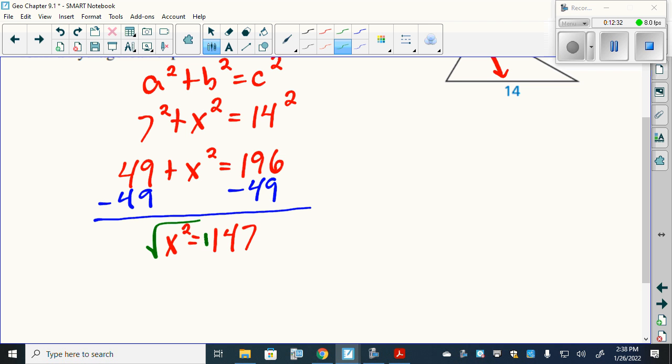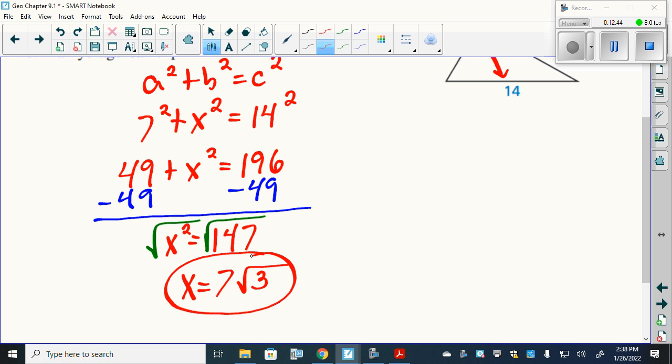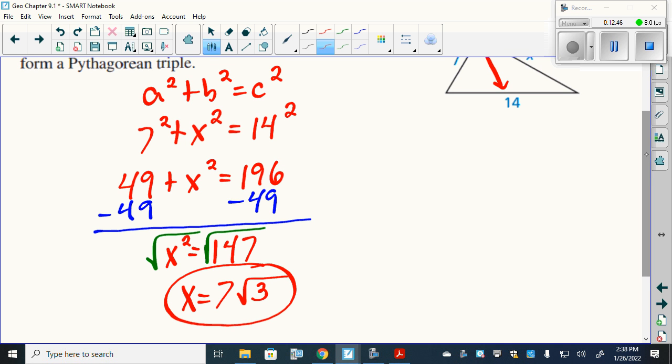Square root of 147 would be 7 square root 3. Yes. Or 12 point what? And it keeps going on, yes?